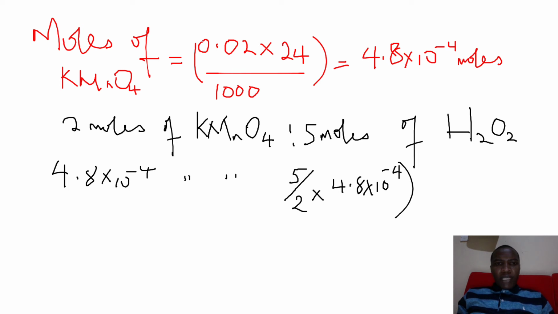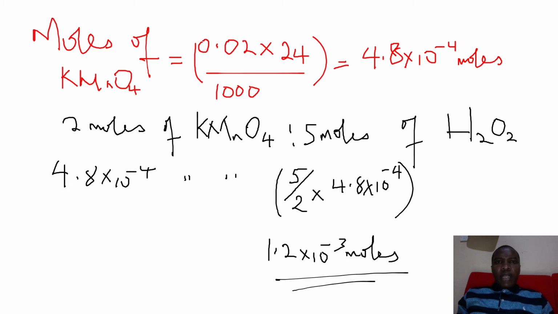We shall get the number of moles of hydrogen peroxide as 1.2 times 10 to the power negative 3 moles. So we have those number of moles of hydrogen peroxide.